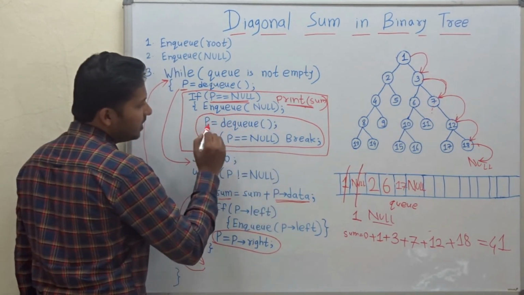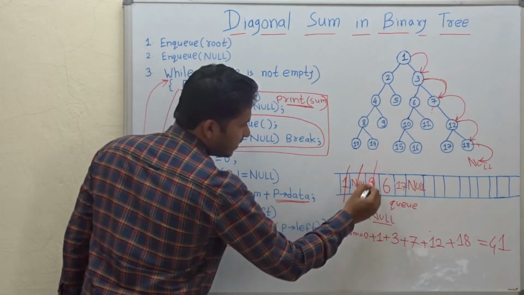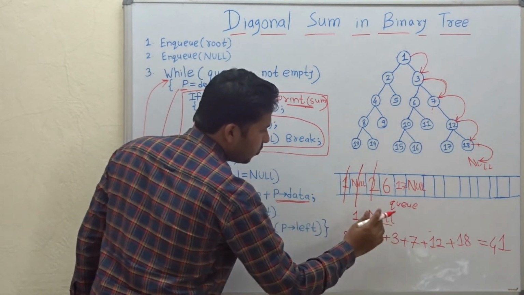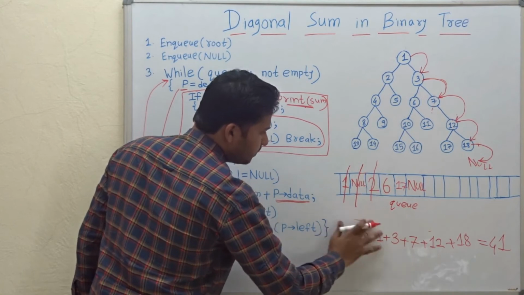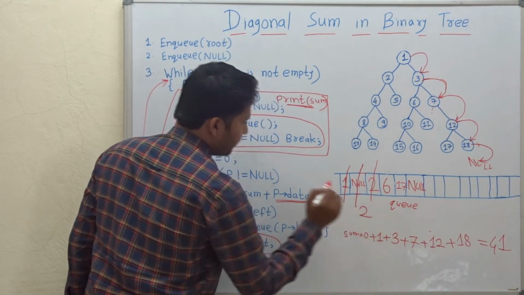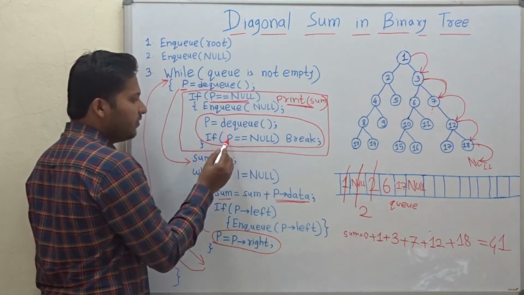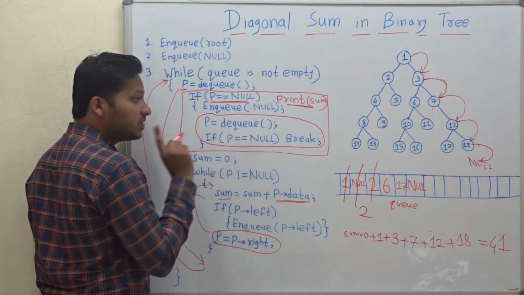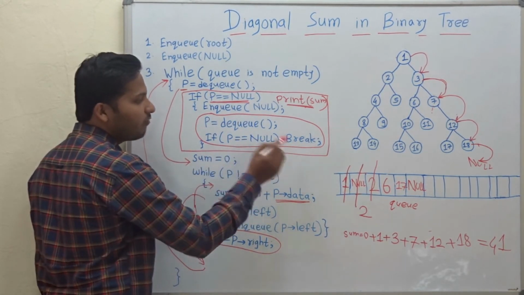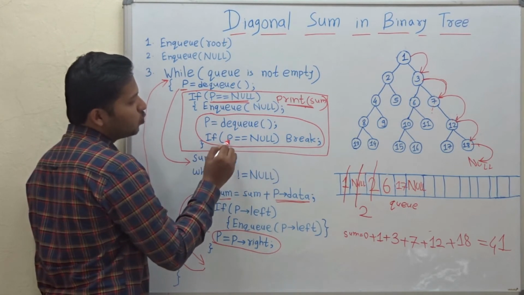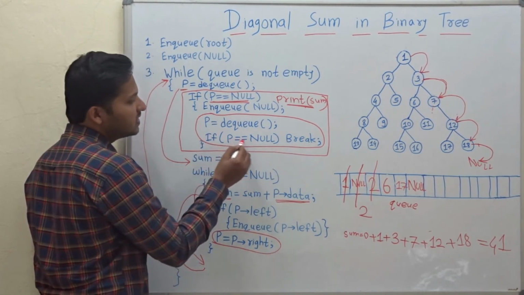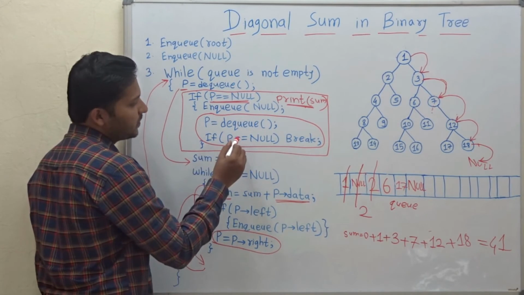When we dequeue again, we get 2. So the dequeued node is 2 now. If 2 were equal to null, which is not the case, then we would have broken. But 2 is not null, so this condition does not hold.